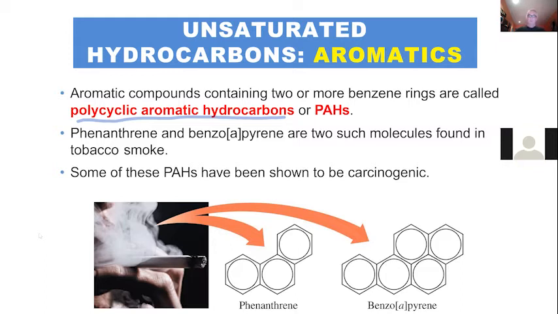And so these things can get stuck in between the rings of DNA. And we'll talk about DNA a little bit later as well. There are aromatic rings in DNA. And one of the things about benzene that I forgot to mention is that it's completely flat.